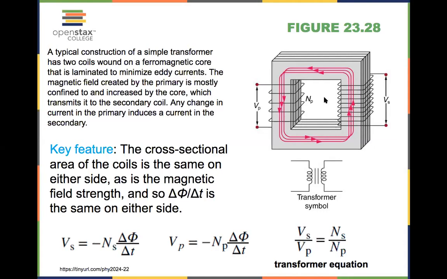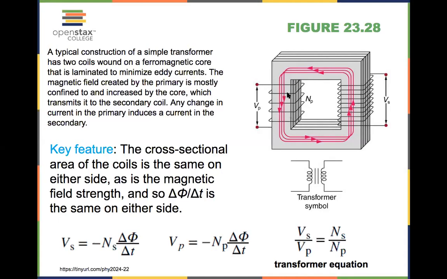Because these are metal sheets over here, the nature of the metal, a paramagnetic material, is that it will contain the magnetic field inside it. So the magnetic field here and here and here will be the same, but you have different turns of coils here.